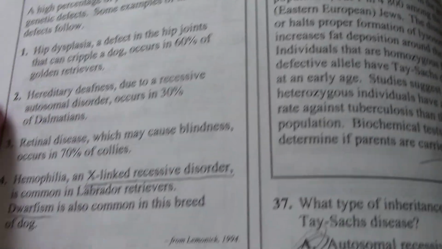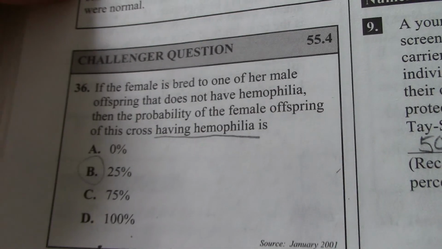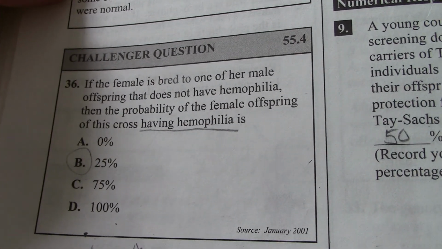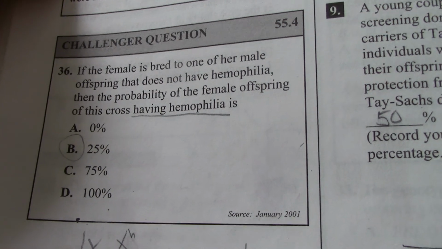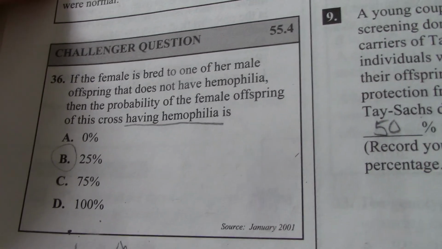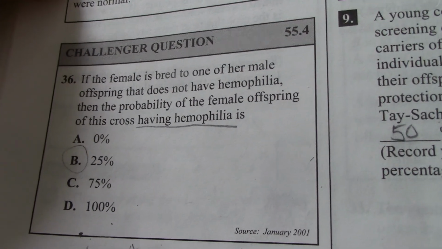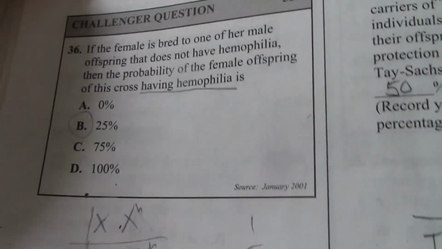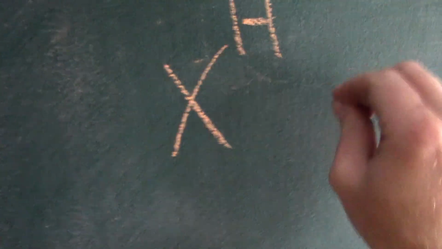So this information is not necessary, so there's more information that's given. So that's a point that you should understand. If the female is bred to one of her male offspring that does not have hemophilia, so that's gross, inbreeding, then the probability of the female offspring of this cross having hemophilia is what? So the female dog is X big H, X little h, because some of her offspring had hemophilia.